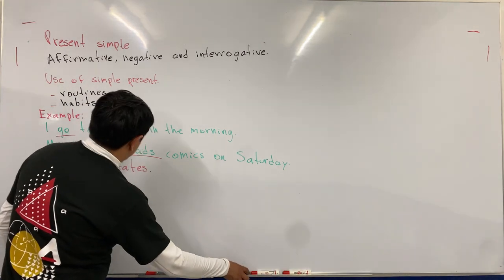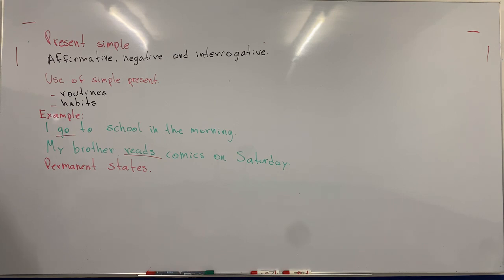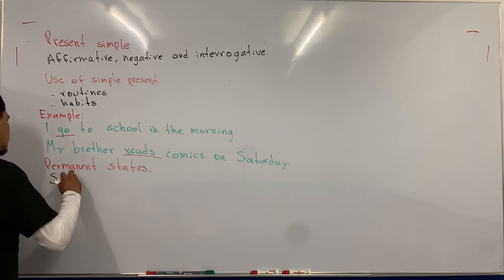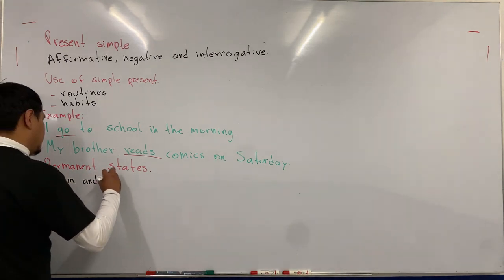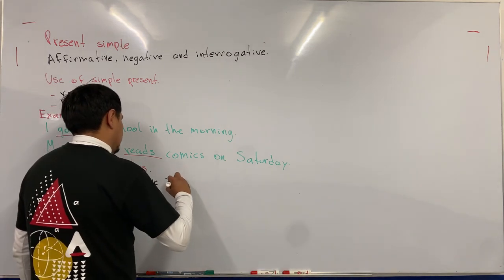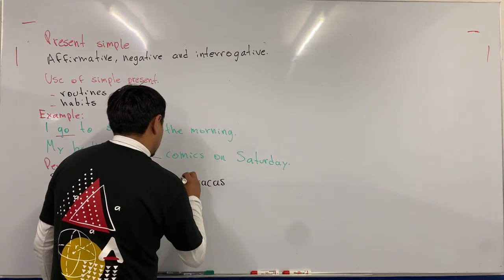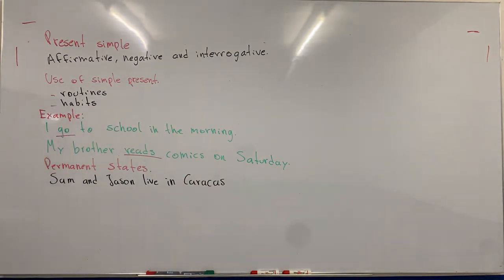Permanent states, right? Example with this: Sam and Jason live in Caracas. I mean, they live in Caracas, permanent states, right?